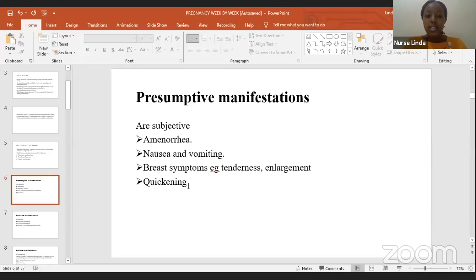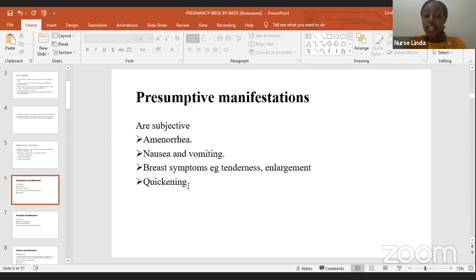And it is not a confirmatory test for pregnancy as well, because sometimes people have pseudo pregnancies. You may come across a woman who has tried to conceive a number of times, and it gets to a period when they really feel pregnant and they are not literally pregnant.